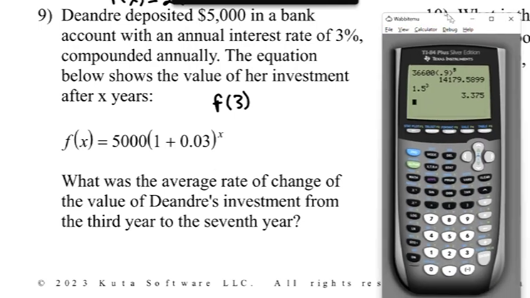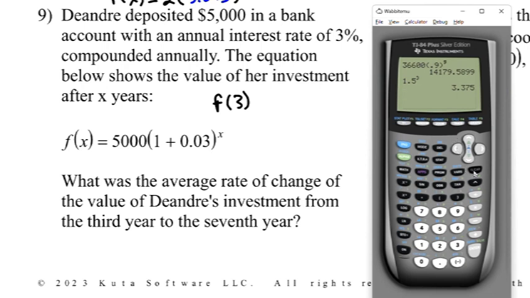So I'm going to bring my calculator back over, clear that. So we have 5,000, and I'm just going to do 1.03 to the 3rd power. And so that's going to equal 5,463.